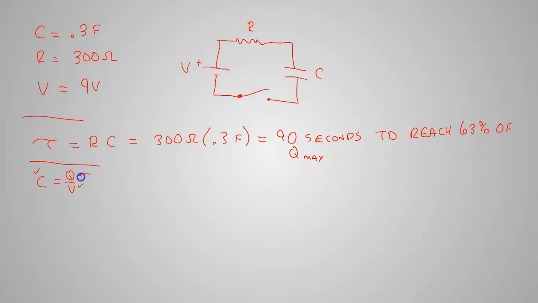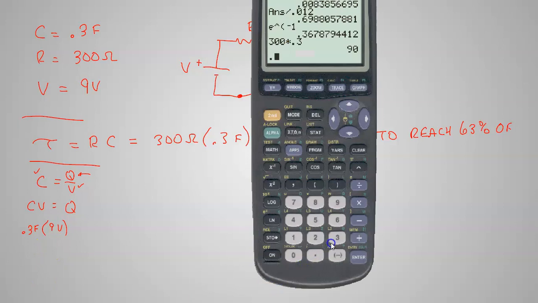So I want to solve this thing for Q, and even if the resistor and the switch and all that weren't there, this would tell me how much charge I can possibly put on that capacitor with that battery. So I come in here and I go, I got 0.3 farads, multiplying that by 9 volts, and I think that's 2.7, is it not? 0.3 times 9, 2.7, okay?